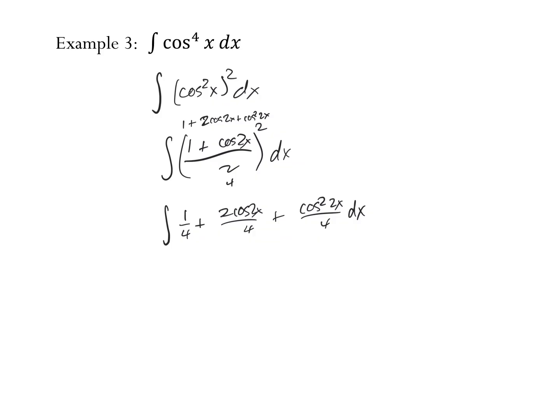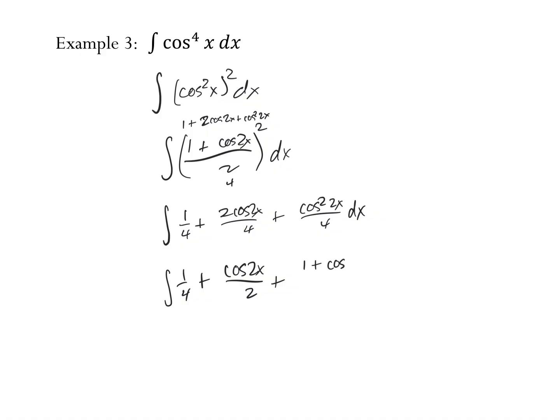But guess what I get to do to this one? Do it again. So then that would become 1/4 plus, I'm going to simplify that fraction to cosine of 2x over 2. And now the cosine squared becomes 1 plus cosine of double the angle.